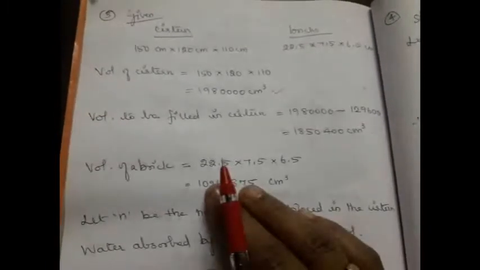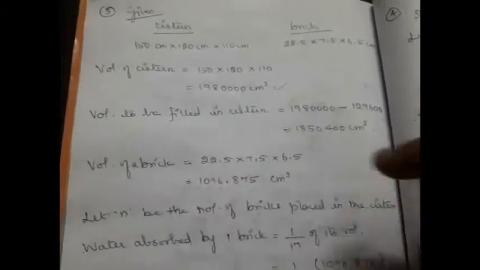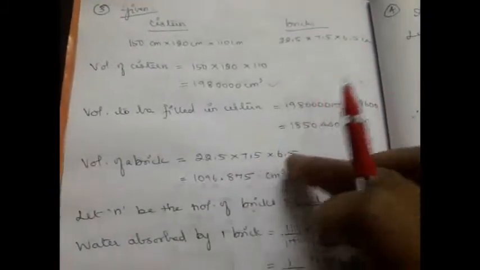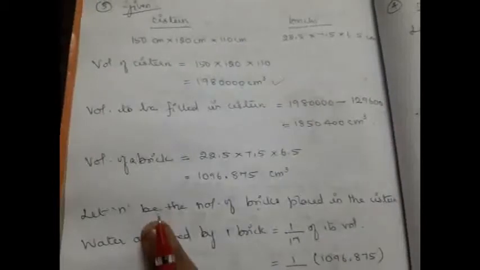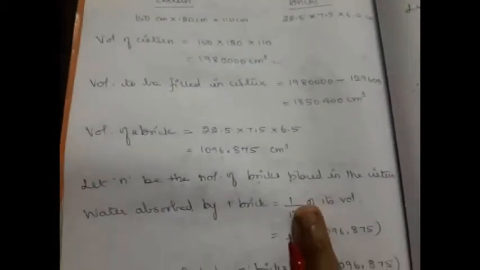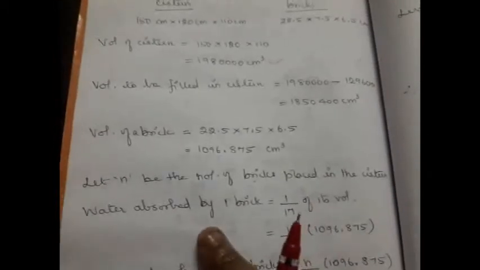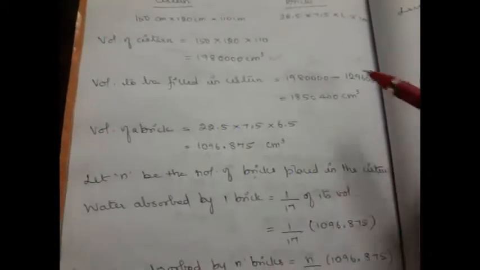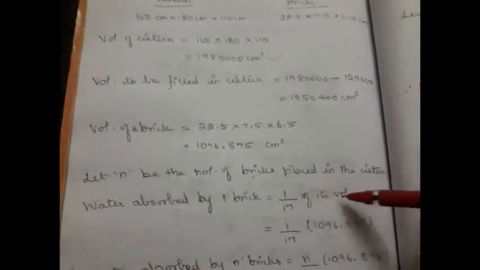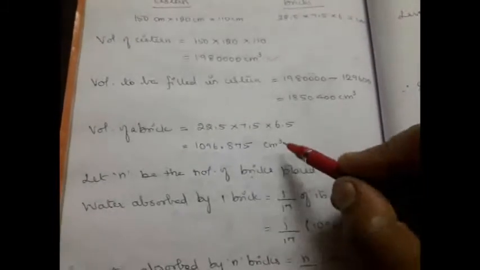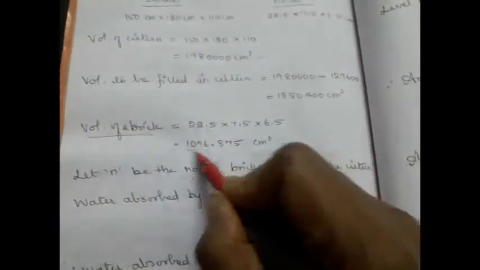Now let us find the volume of the brick. Volume of one brick is going to be again L into B into H. If we take N as the number of bricks that can be placed in the cistern, then water absorbed by one brick is going to be 1/17 of its volume. So 1/17 of volume of one brick is 1096.875.